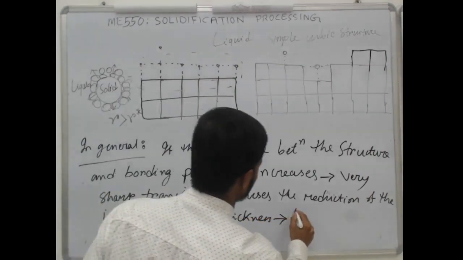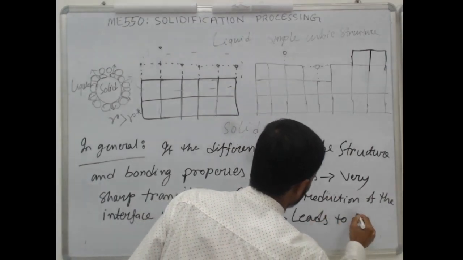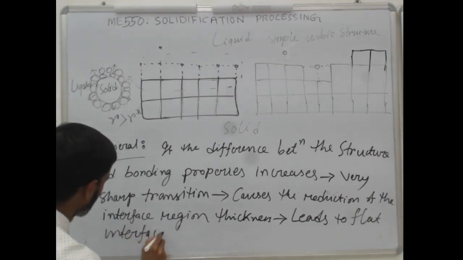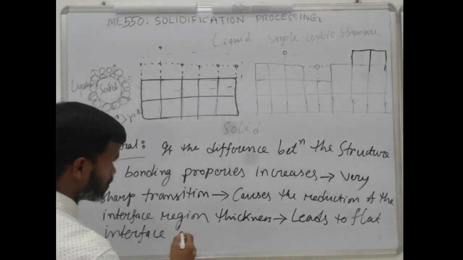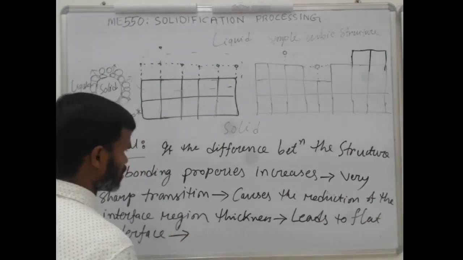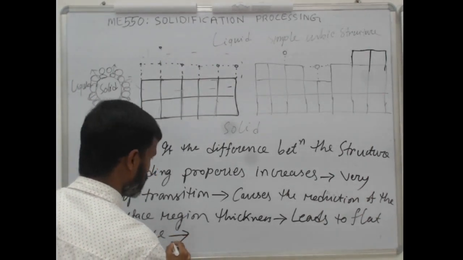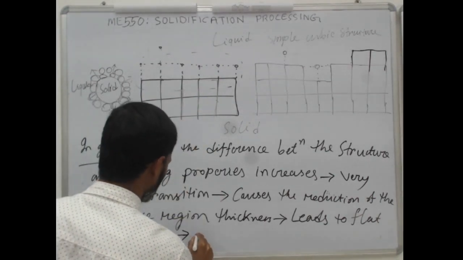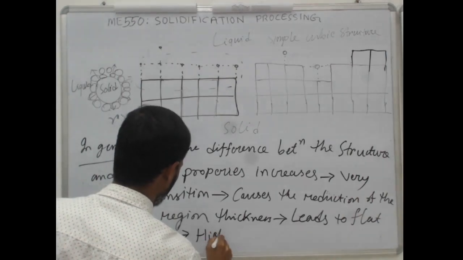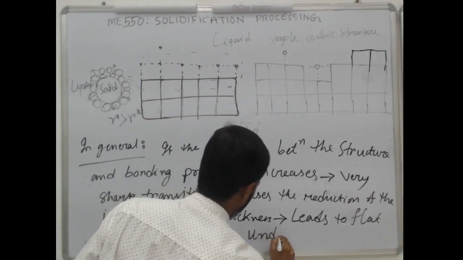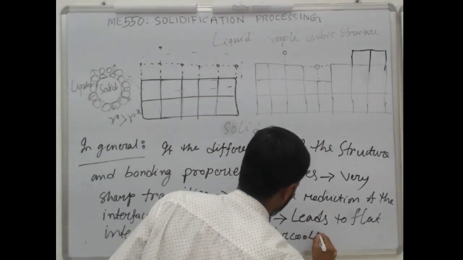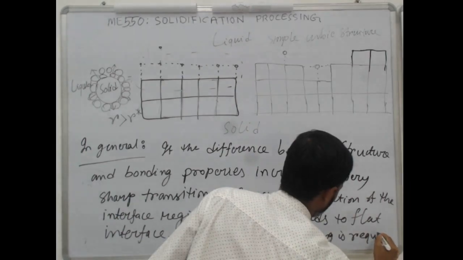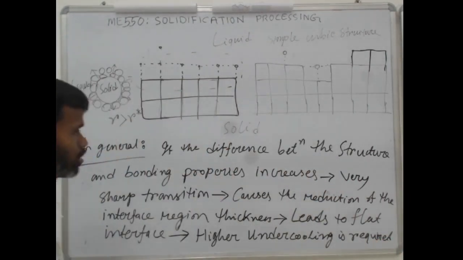and it leads to a flat interface. And if it gives a flat interface, then the growth is anisotropic, and also higher undercooling is required.